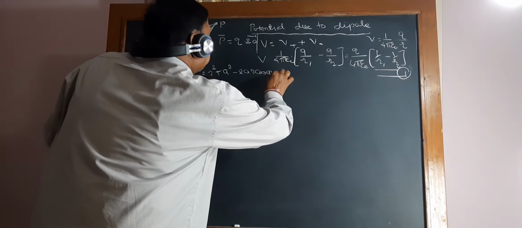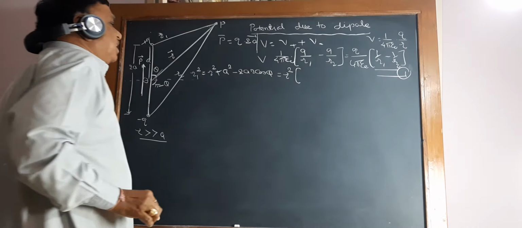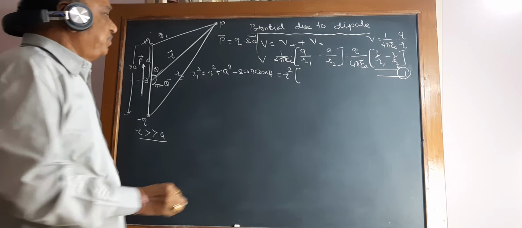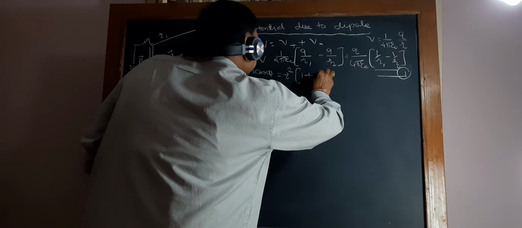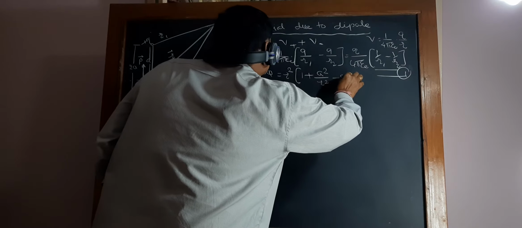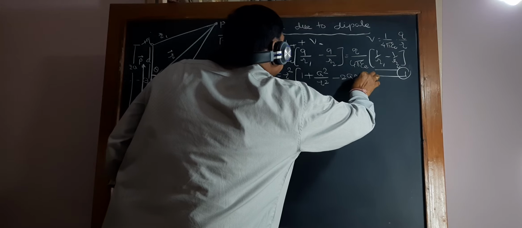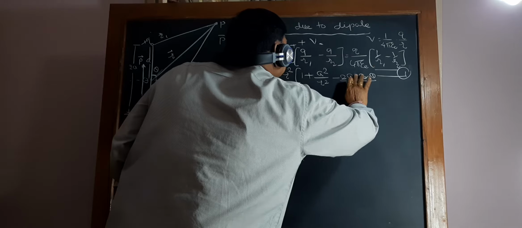Means we can write R square common in the bracket: 1 plus A square by R square minus 2AR cos theta by R square, means only R.